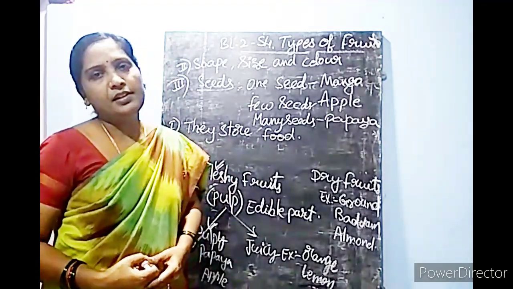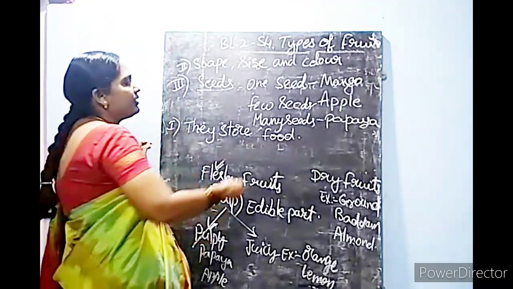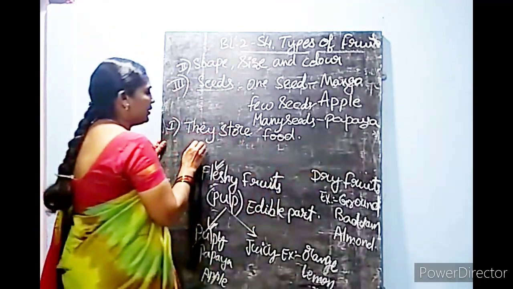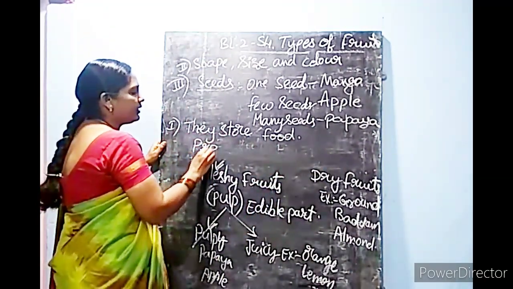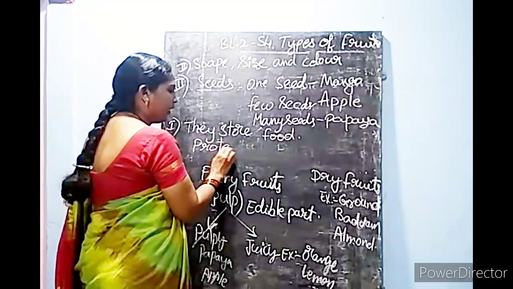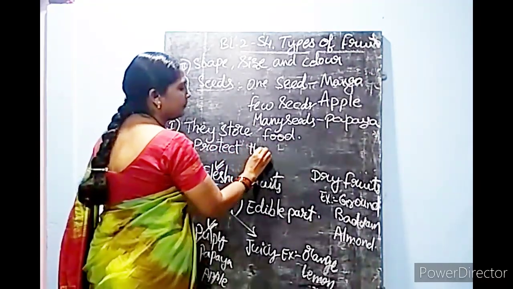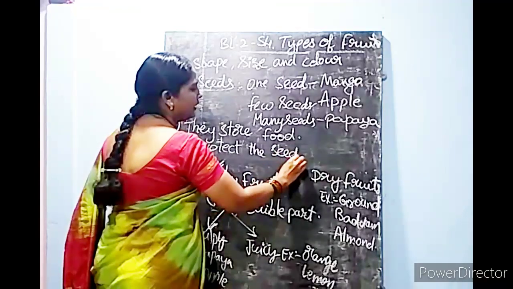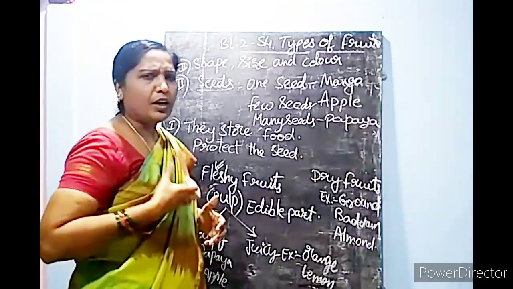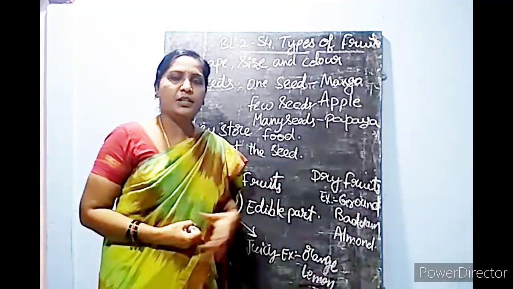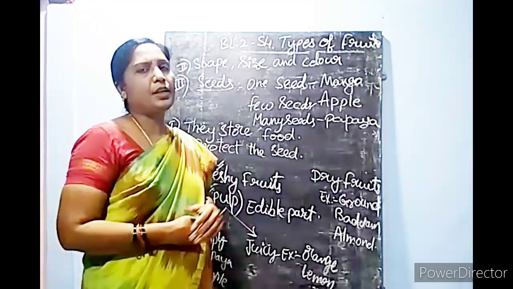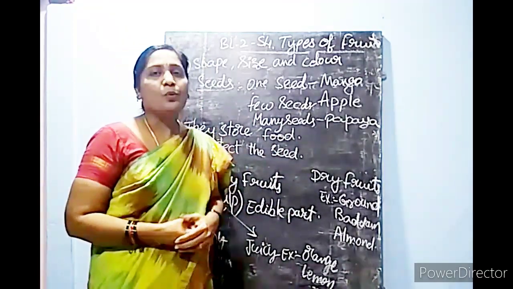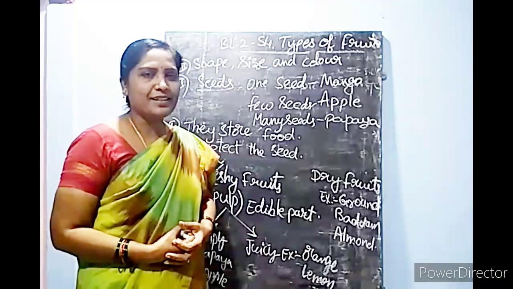And even they are protecting the seeds. They are also doing another function, that is they protect the seeds. Why do we need the seeds? Why do the fruits need to protect the seeds? What do we get from the seeds?